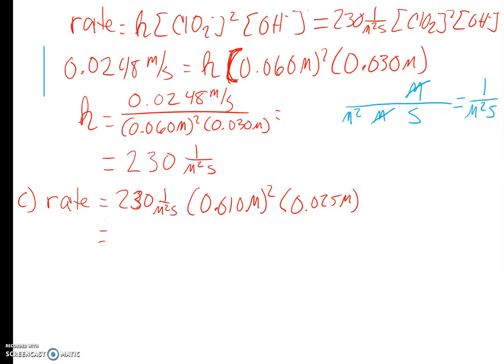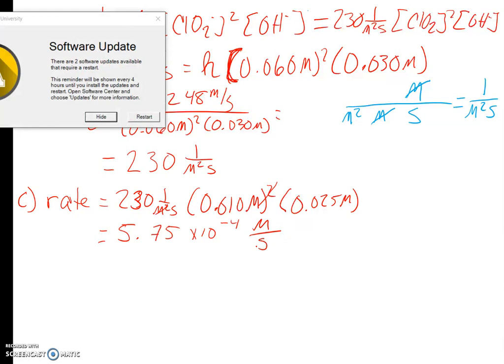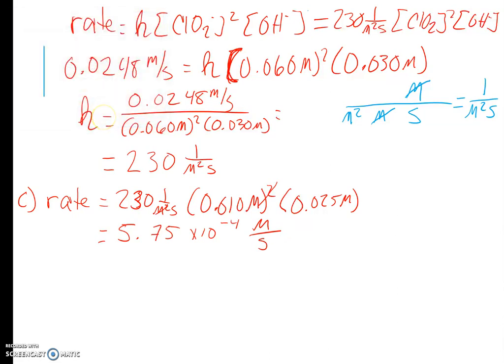And we have a rate of 5.75 times 10 to the negative fourth. Our units cancel out, where we have molarity squared, so we have molarity per second.